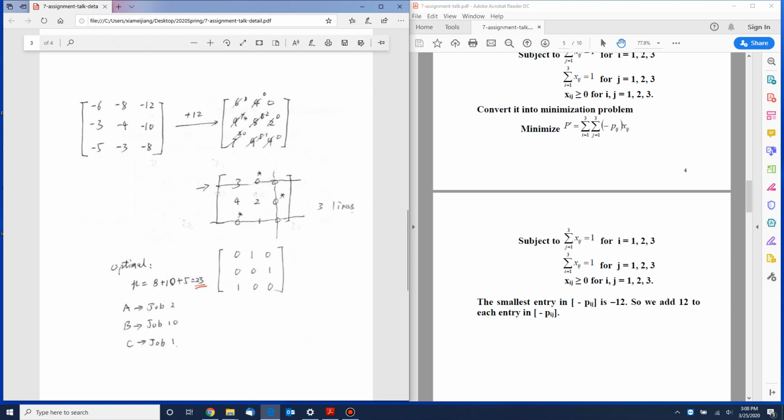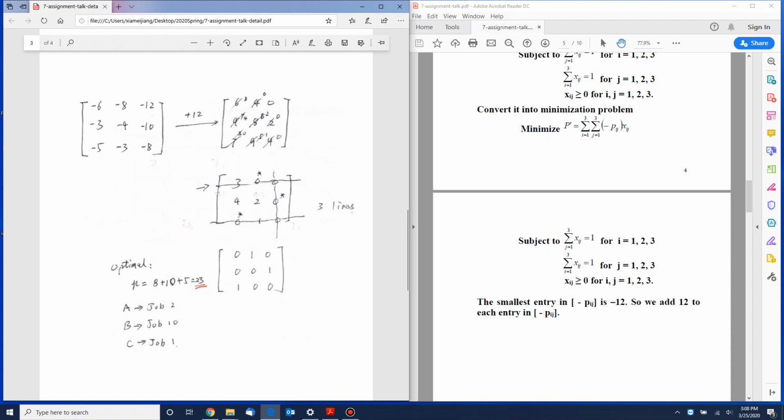So we simply add 12 to each entry in the matrix, and that gives us 6, 4, 9, 8, 2, and 7, 9, 4. And then we use the regular method of the assignment problem to solve it.